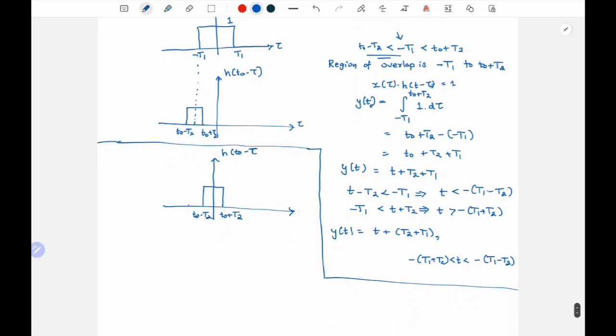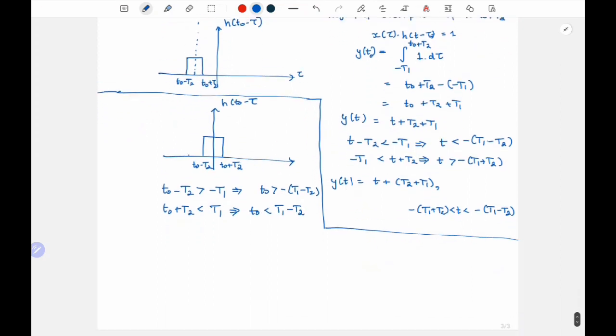And what are the limits for this? T naught minus t2 is actually greater than minus t1, and t naught plus t2 is actually less than t1. So this gives t naught greater than minus of t1 minus t2, and this gives t naught less than t1 minus t2. Okay.